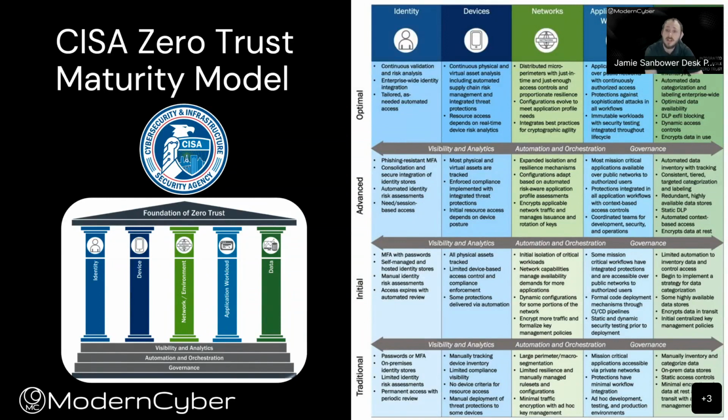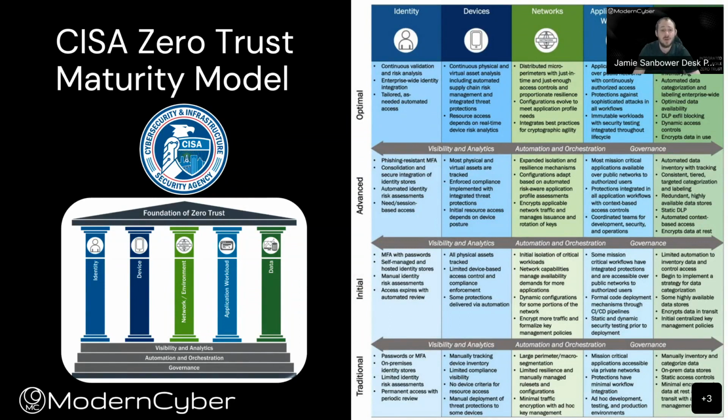spot in the middle, you can see to be optimal, I need to have everything below it, but I should be operating in an environment where I have distributed microperimeters with just in time and just enough access controls with proportionate resilience. Now, some of those terms obviously are a little bit vague.